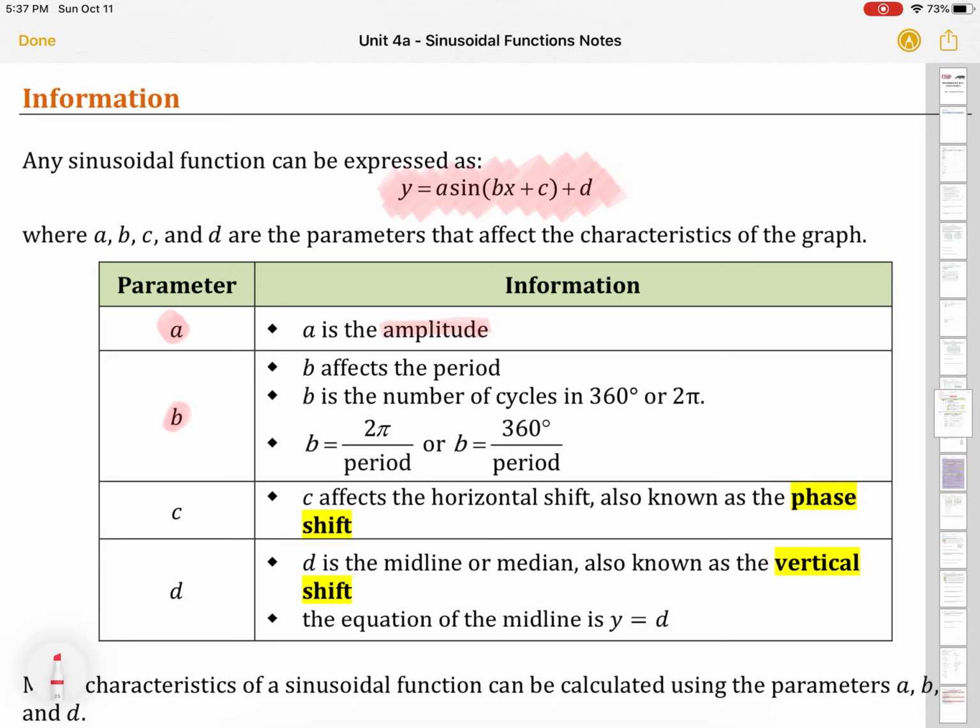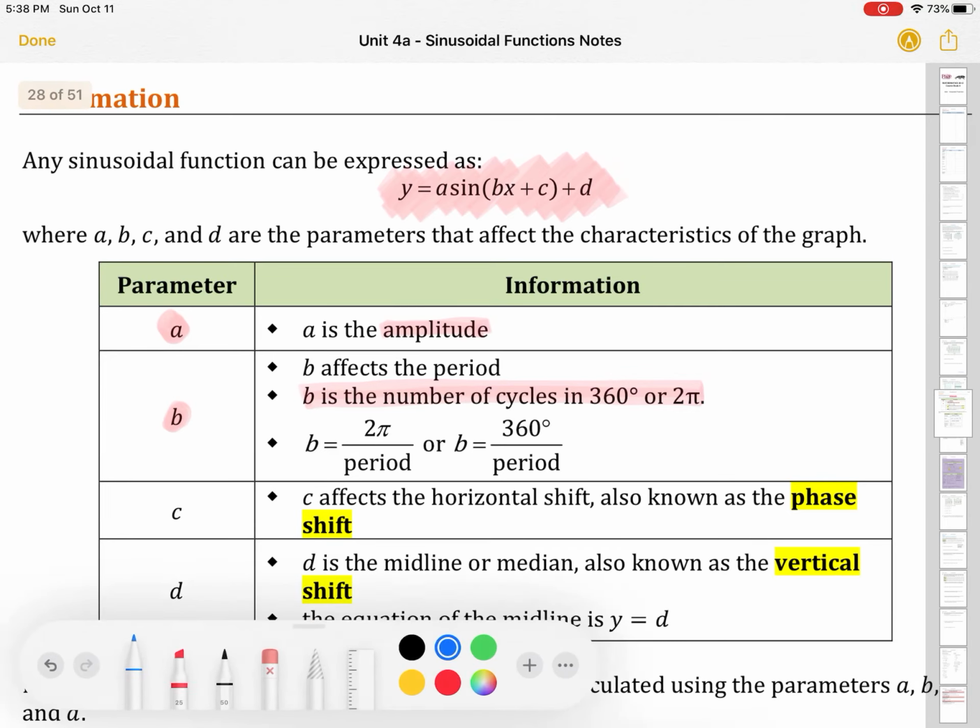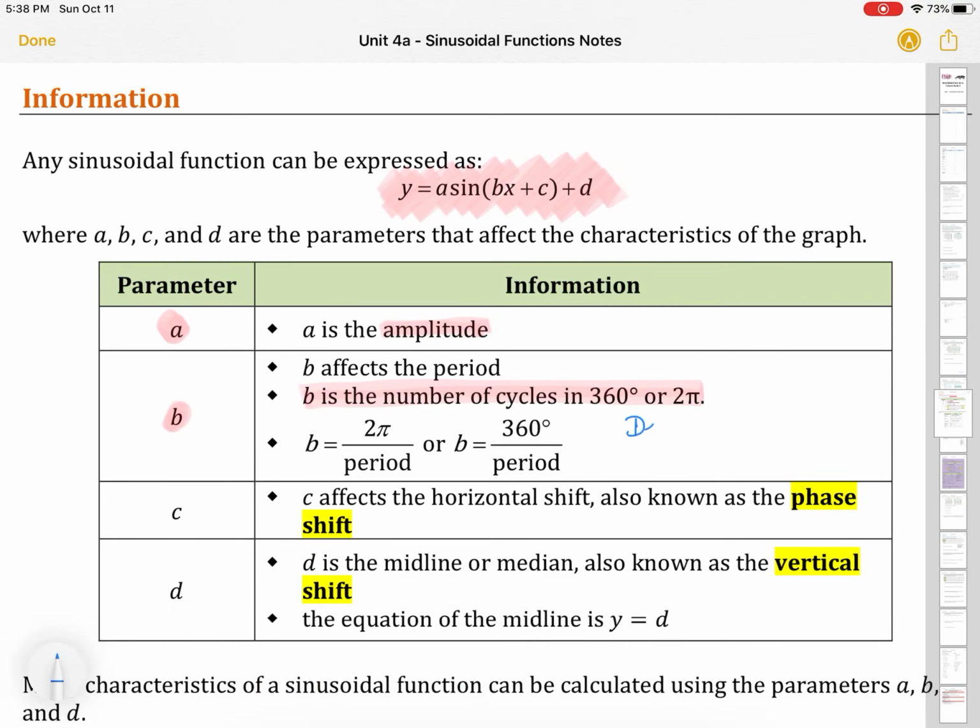B affects the period. So B is the number of cycles in 360 degrees, or 2 pi. So B is equal to 2 pi divided by the period, or 360 divided by the period. Obviously, it depends on whether you have it in radians or degrees.